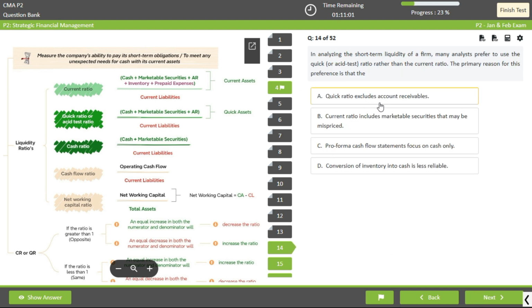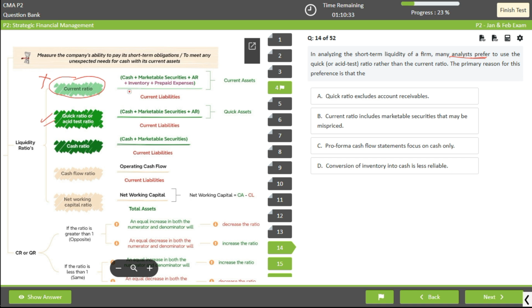Next we have: in analyzing the short-term liquidity of a firm, many analysts prefer to use the acid test ratio or quick ratio rather than the current ratio. The primary reason for this preference is, why do analysts not use the current ratio, but prefer the quick ratio or acid test ratio?